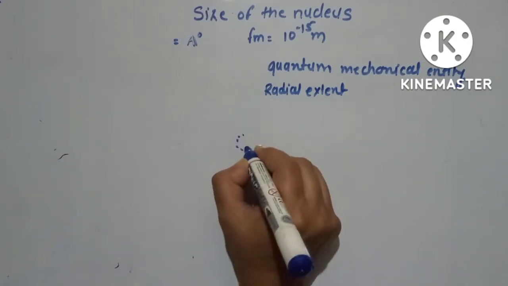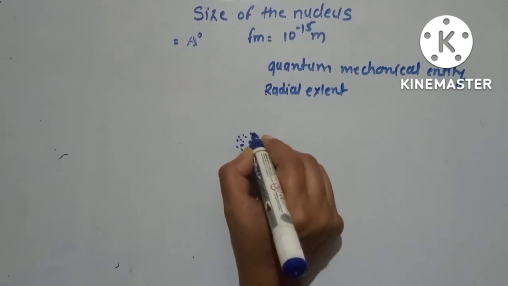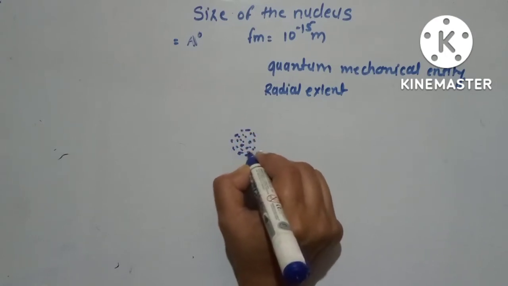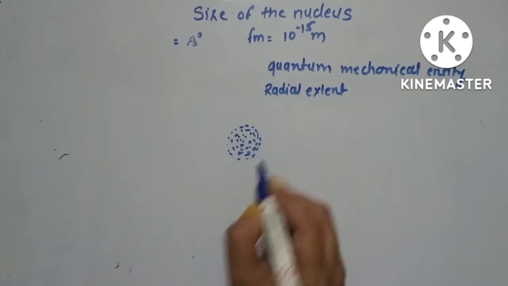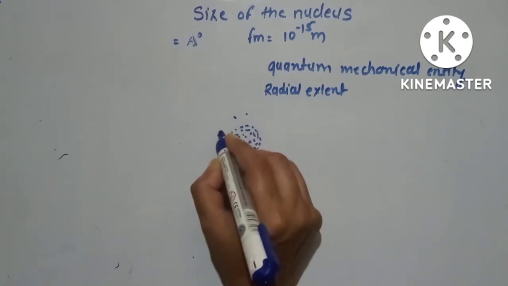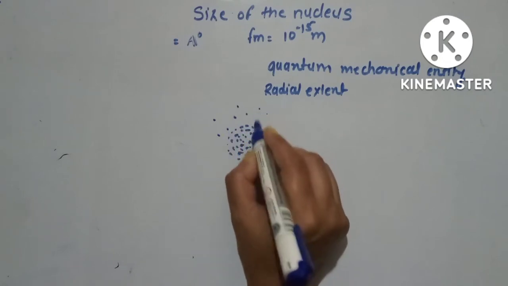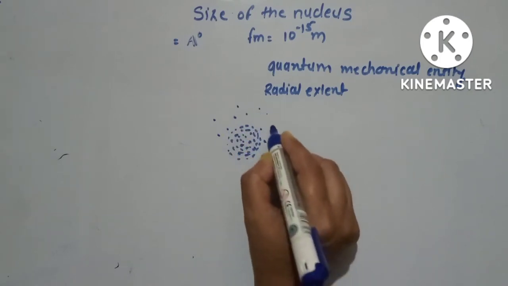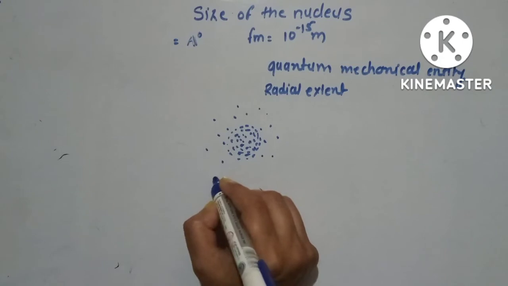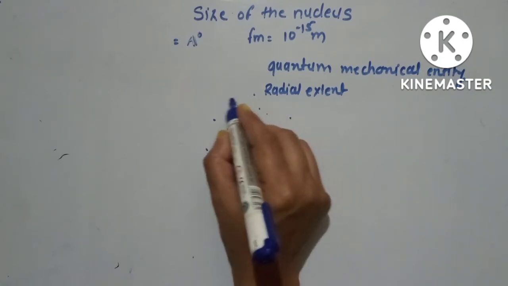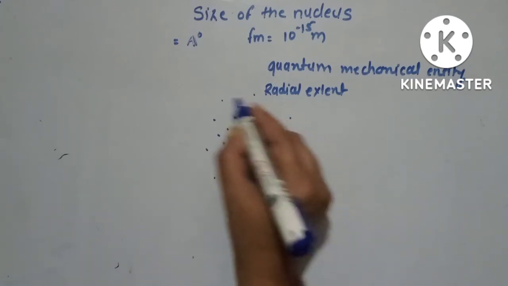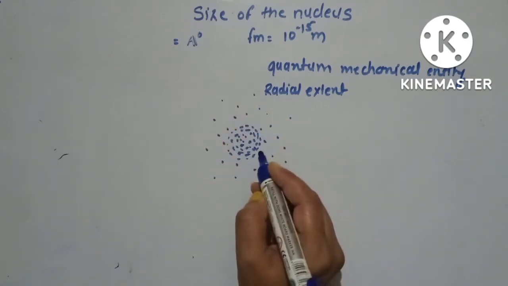These are the nucleons, which are uniformly distributed up to some distance, and after that they are randomly distributed like this. For such an entity you cannot speak about the radius, since there is no hard boundary. This quantity is called a nucleus.